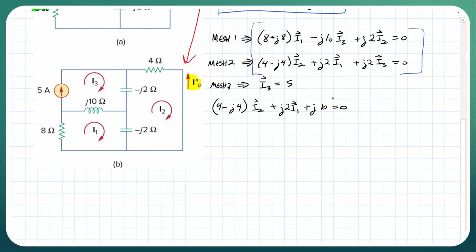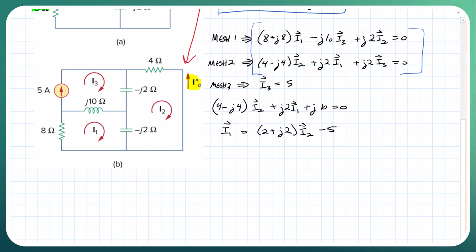And then we can rewrite the equation in terms of I1, which is going to give us I1 equals 2 plus j2 I2 minus 5.